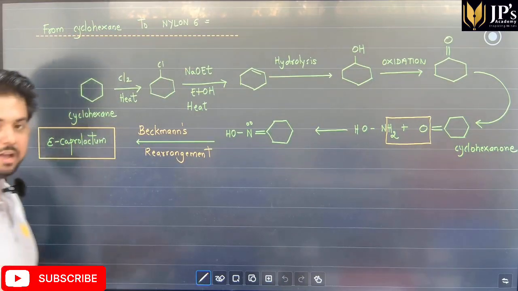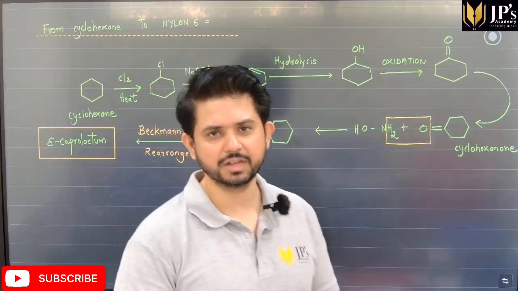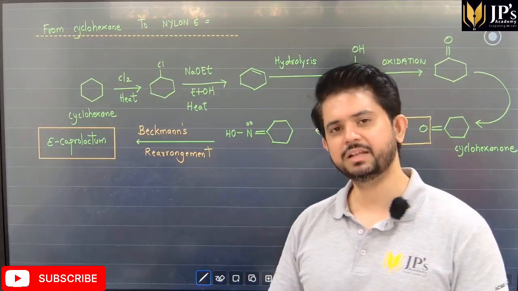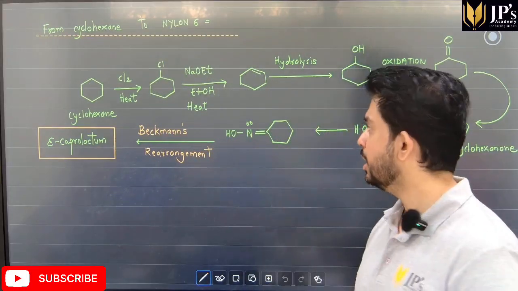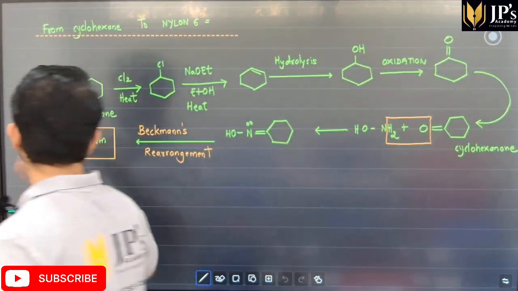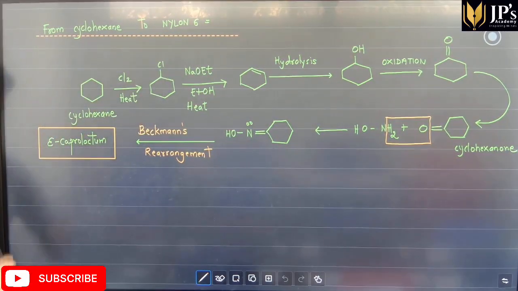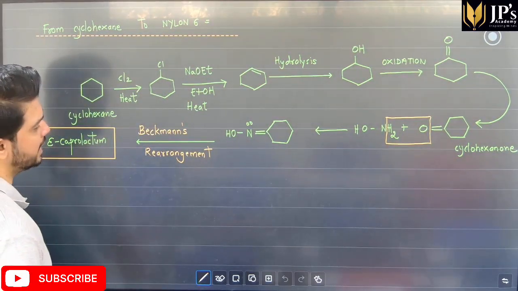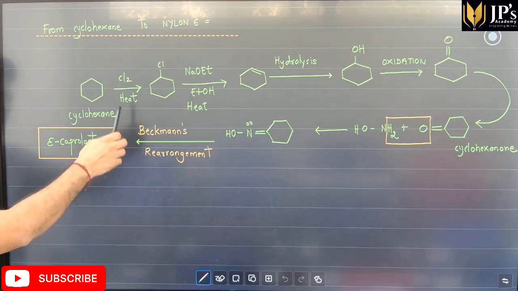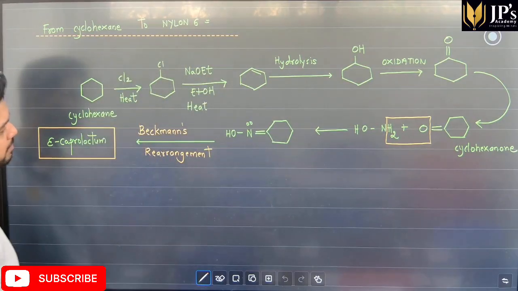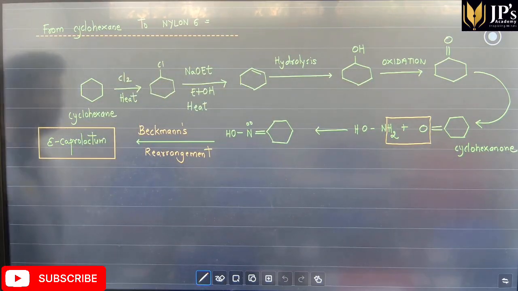Let's say we have a question in JEE Advanced, complete the reaction type questions, identify the product, you can get a question like this. So from cyclohexane you can go to cyclohexyl chloride. Then from there we perform dehydrohalogenation.